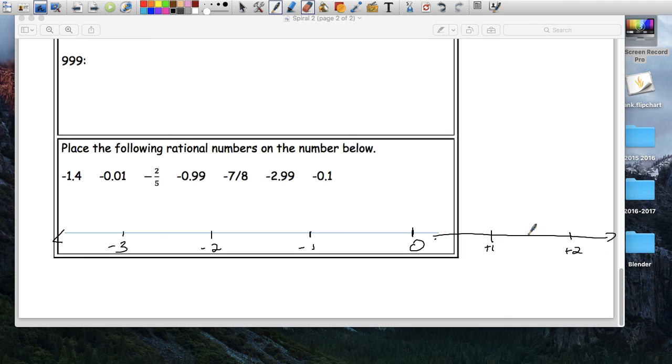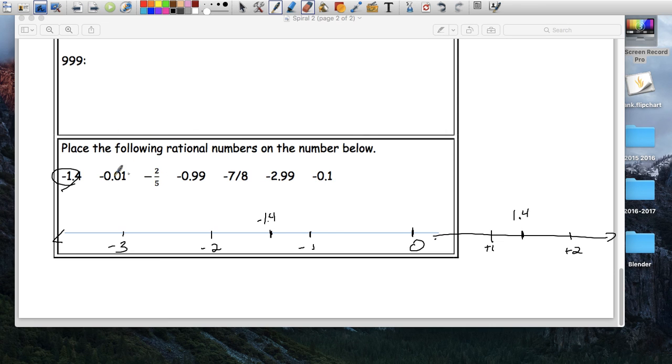Not too close to 1, but a little bit less than half. So over here. So -1.4, which is this number over here, being the same location, but just on the other side, between -1 and -2, closer to -1, but a little bit over here. Notice that this and this is exactly the same.